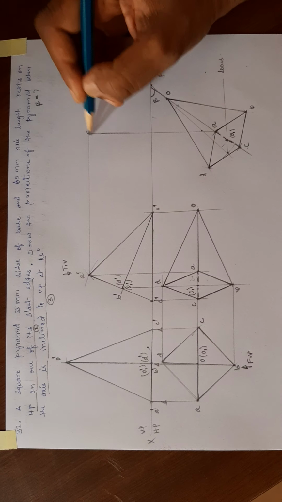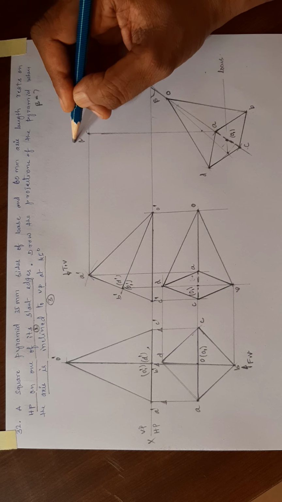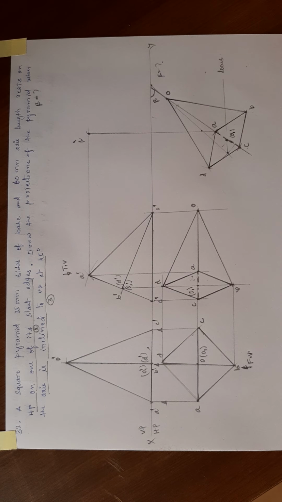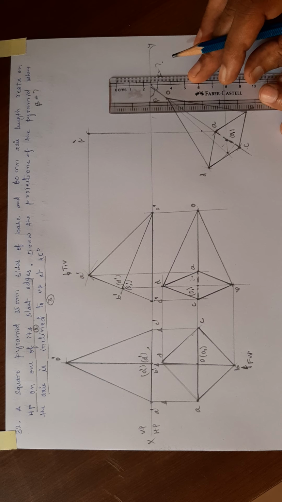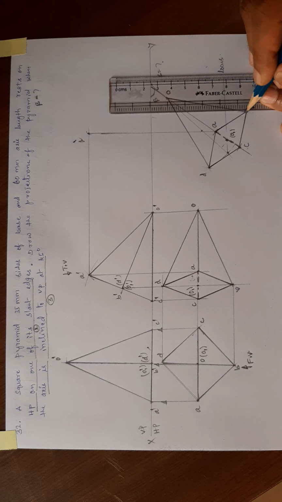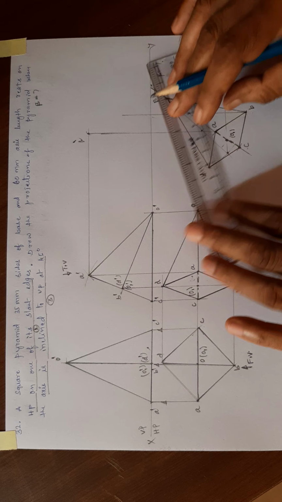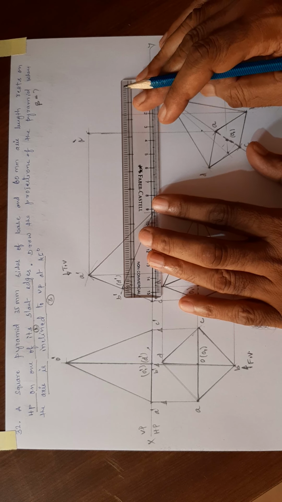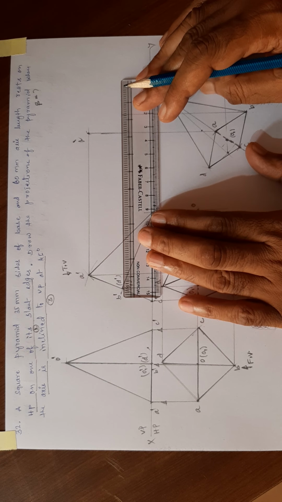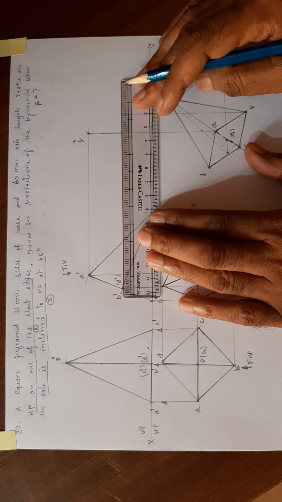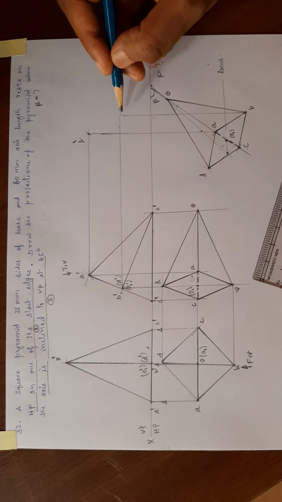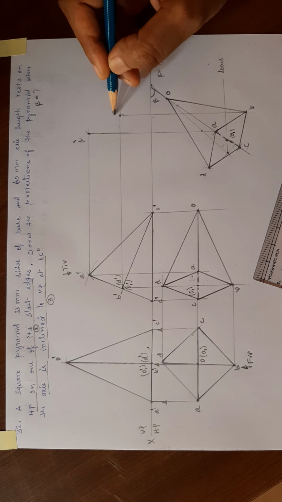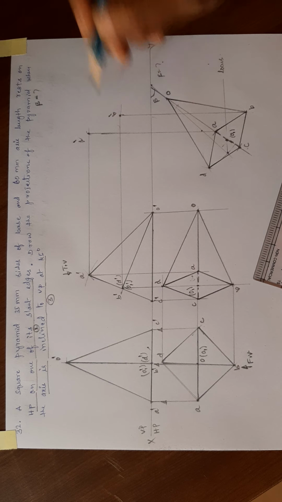Now one point you will get, this is A dash. Next B: vertical projector line from B and horizontal projector line from B dash. Now we get this point, B dash.